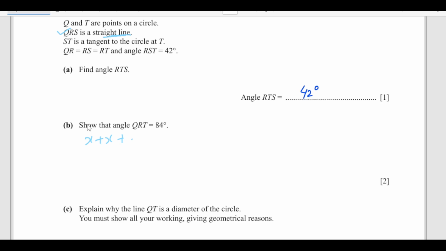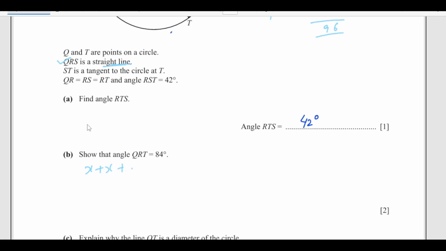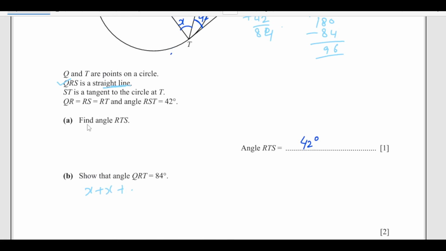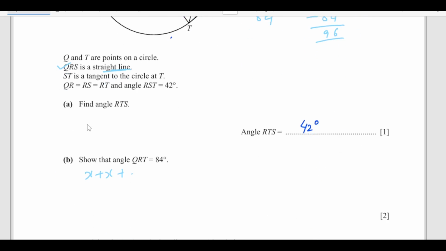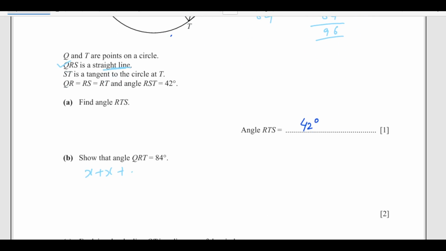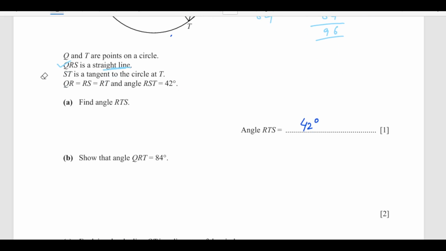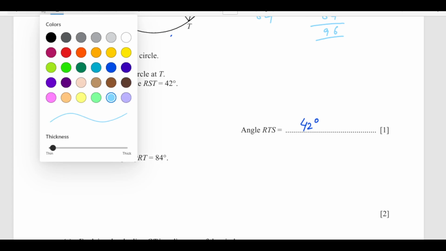Oh, okay, we have already done that, sorry. Let me arrange this, how to write it down. So we can write down here the one that we did in the diagram.